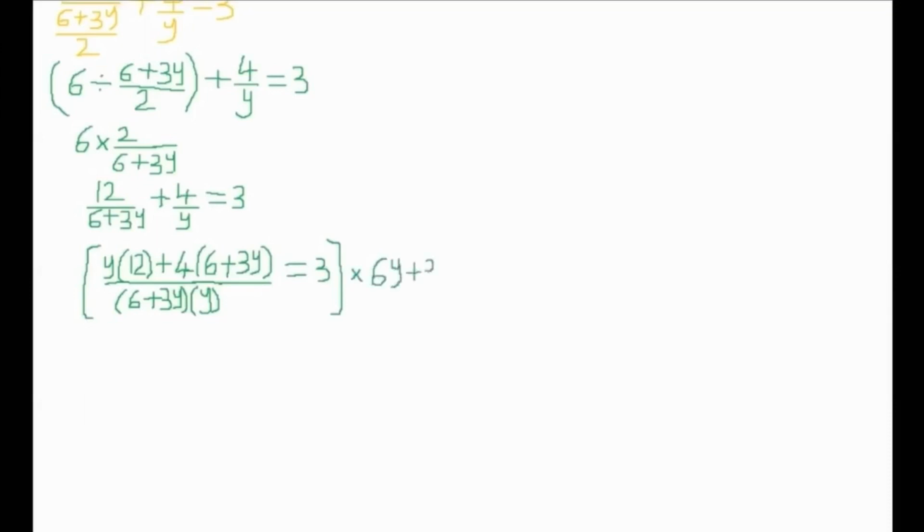So we shall multiply everything by 6y plus 3y squared. So it will be 12y plus 24 plus 12y is equal to 3 multiplied with 6y plus 3y squared.